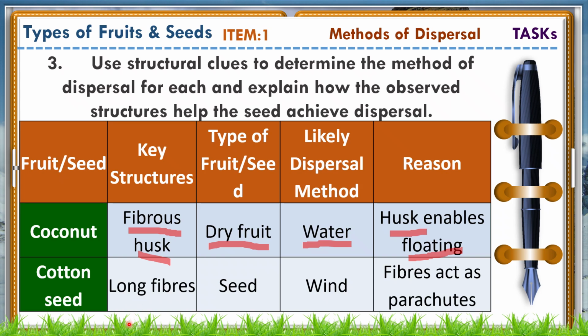Cotton seed, the key structure is long fibers. Type, these are seeds, and likely it is dispersed by wind. It has fibers that act as a parachute.